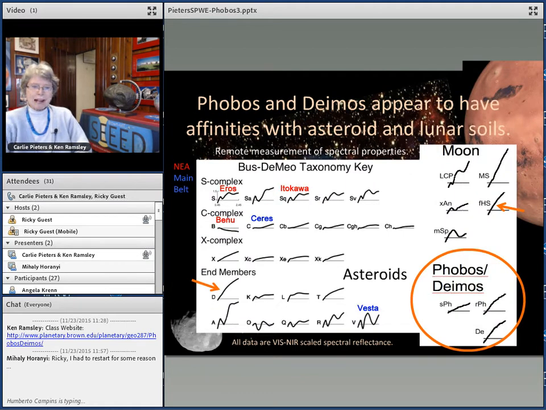Well, let's compare them to other bodies of the solar system. Down in the lower right are these spectra, and again, all these little squiggly lines are at the same scale. Phobos and Deimos are shown in the lower left. They're all scaled at a wavelength in the visible, but you can see, again, the character of Phobos and Deimos is this sort of featureless spectrum that's relatively steeply sloped, and then one part of Phobos is flatter, or that's the bluer unit.